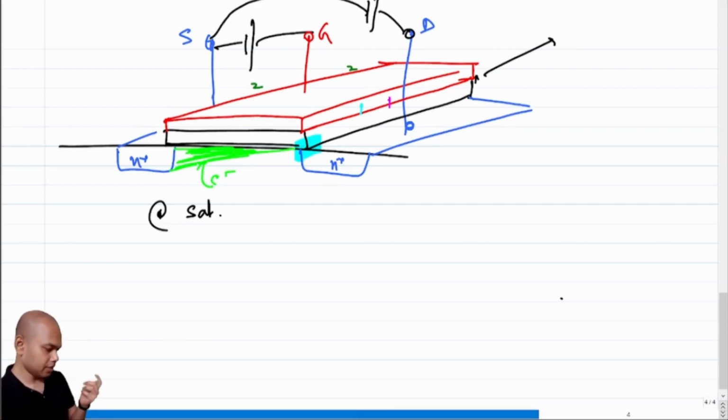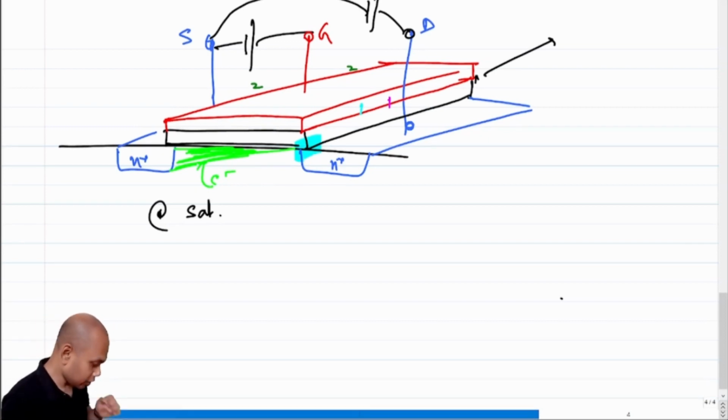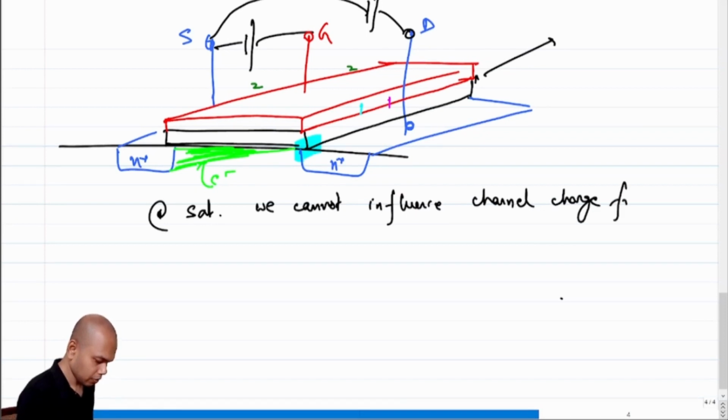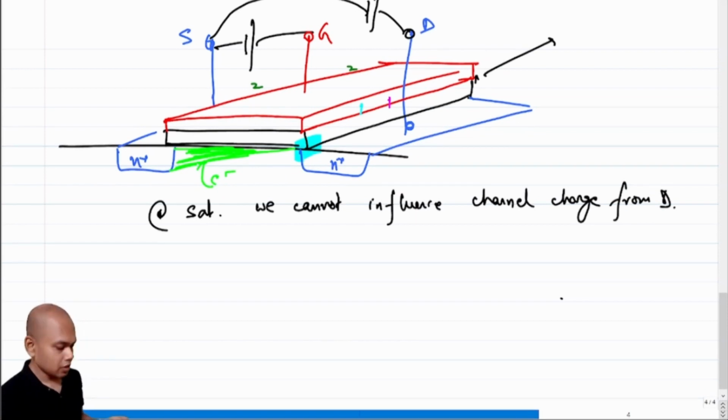Otherwise, saturation condition will not be ascertained. So at saturation, we cannot influence channel charge from drain because of pinch off, correct?